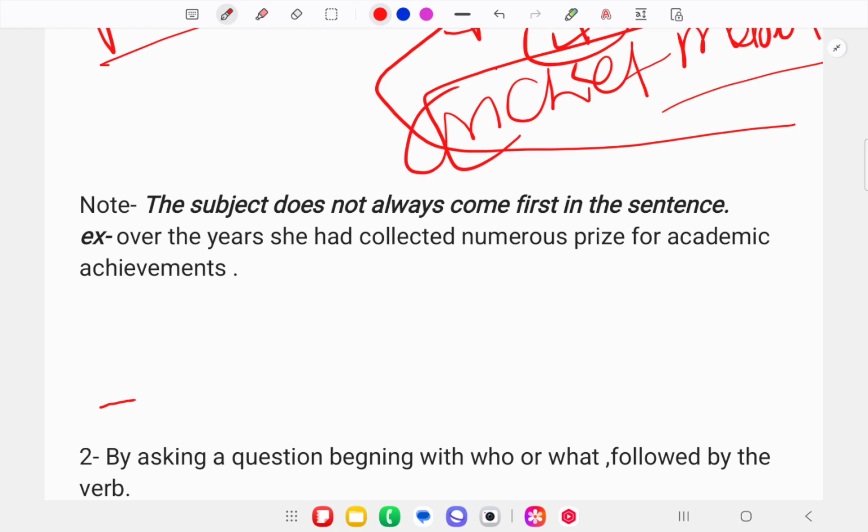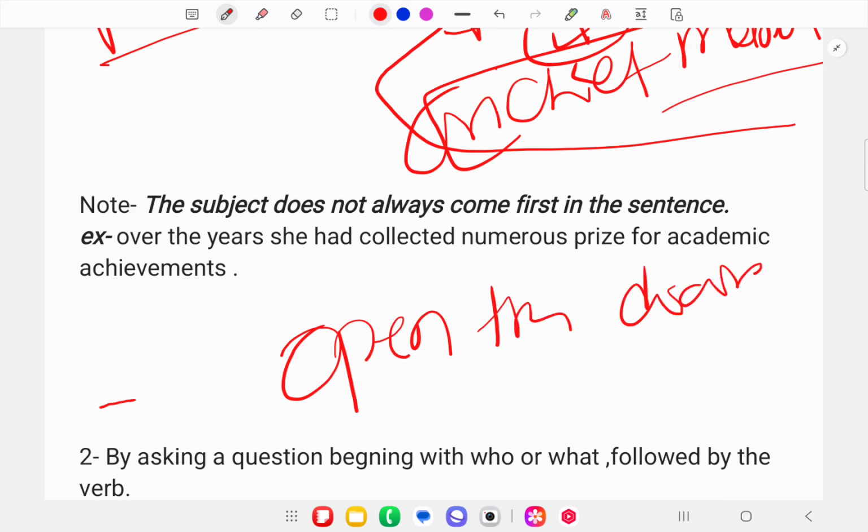Like if I take an example, if I say: open the door, then it is not sure that what comes in the initial position of a sentence is the subject. So we must remember the note that the subject does not always come first in the sentence.